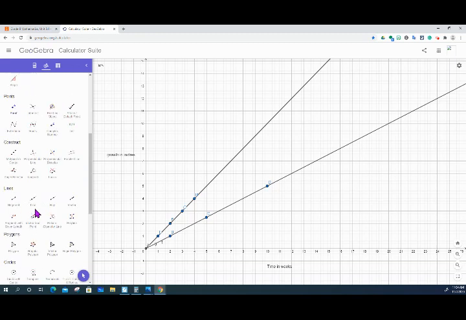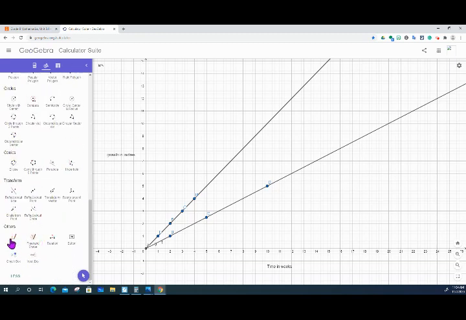Well, now we need to write an equation for this line. If we remember, this one was y equals 1/2 x. This one, though, my rise over my run is up 1 over 1. So my equation looks like this. My constant of proportionality is 1 over 1, up 1 over 1, and then x.